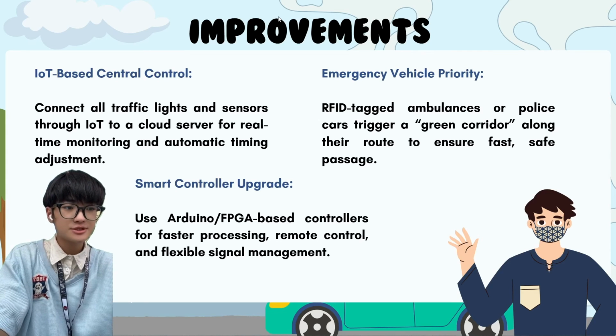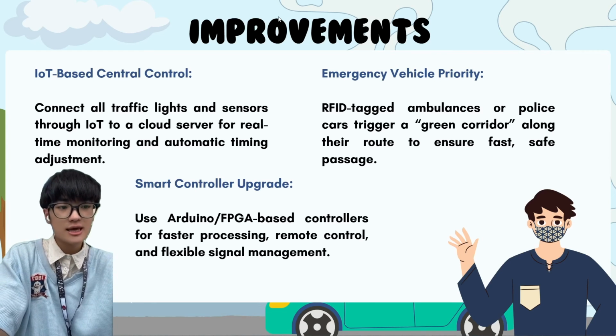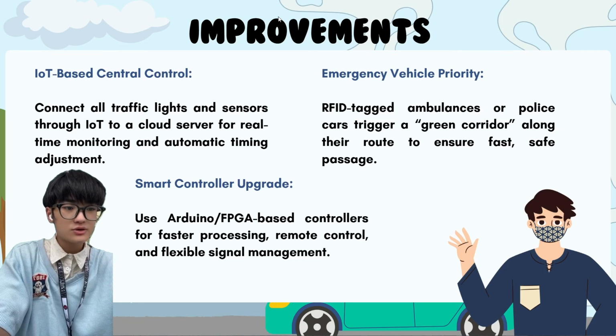The second one is emergency vehicle priority: RFID-tagged ambulances or police cars trigger a green corridor along their route to ensure fast and safe passage. And the last one is smart controller upgrade: use FPGA-based controllers for faster processing, remote control, and flexible signal management.